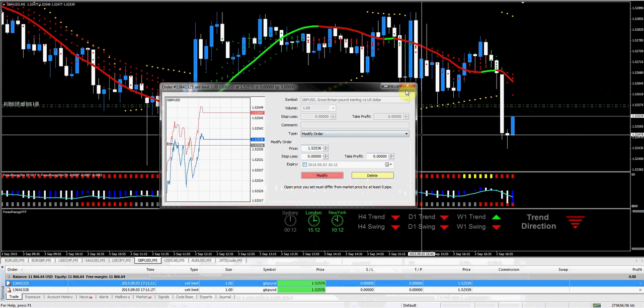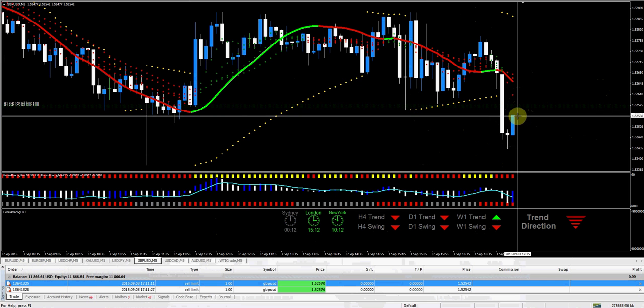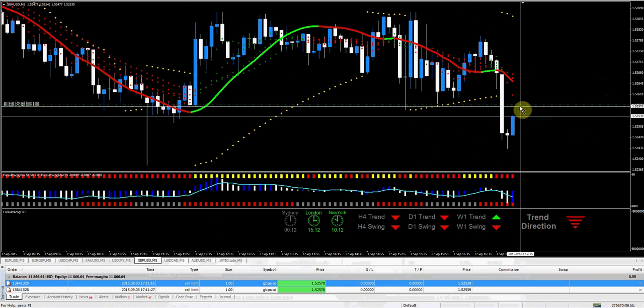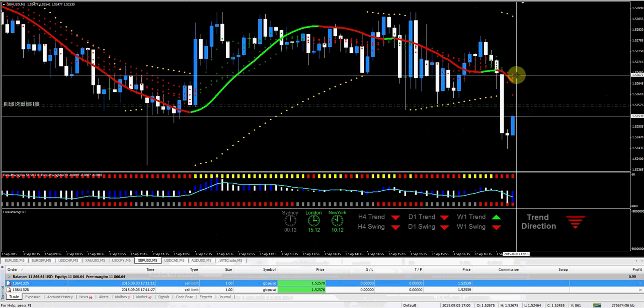And look at that. We might be able to get in at our original prices. Typically I'll see it fill at least half of a large bar like this.